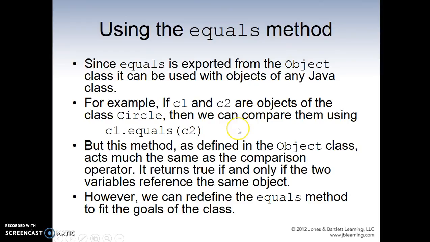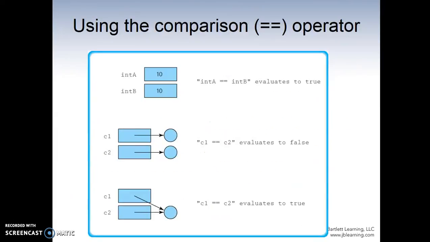So we have the equals method. The equals method is what you actually use when we want to compare an object with an object. Like in the case of C1 and C2, we don't want to use the two equals operator, but use the method to compare. And it should return true in this case.